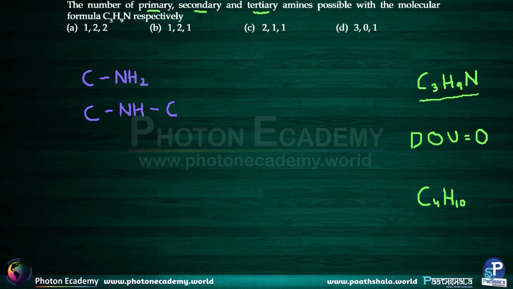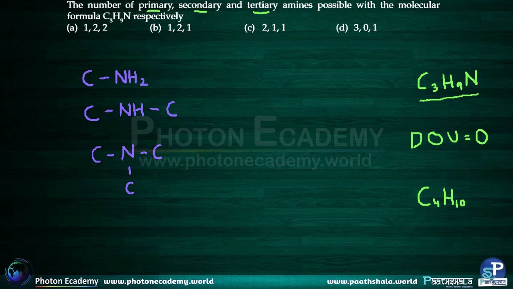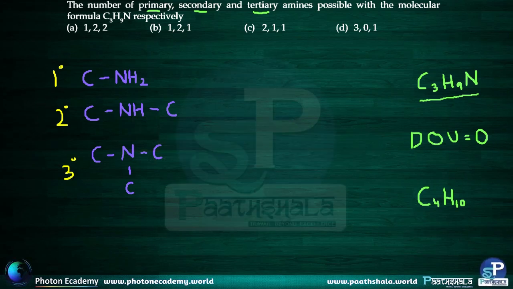And a tertiary or a 3 degree amine is going to be an amine in which the nitrogen atom is not bonded to any hydrogen atom, it is bonded only to three carbon atoms, which is going to be something like this. So with this I hope that the meaning of 1 degree amine, 2 degree amine and 3 degree amine is clear.